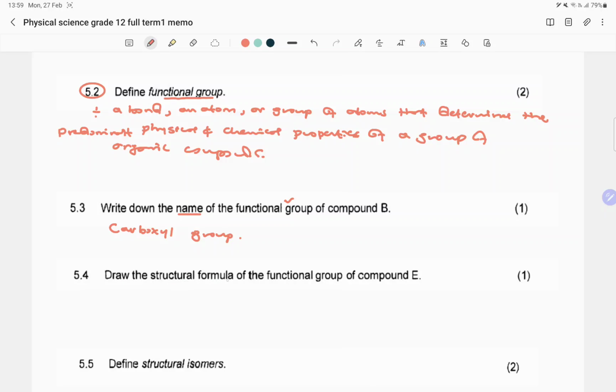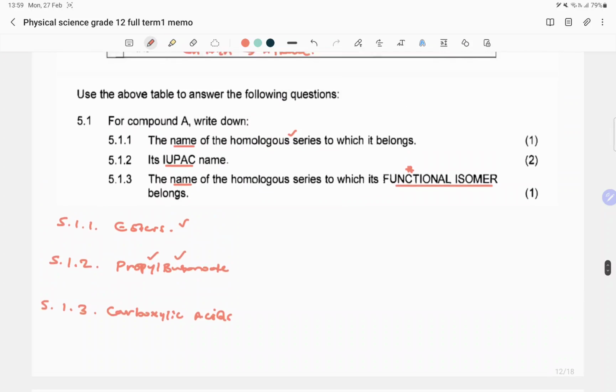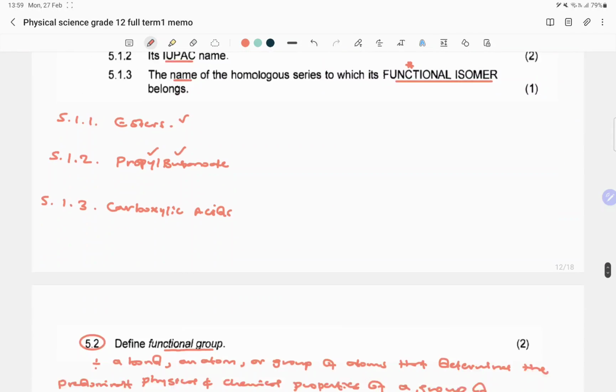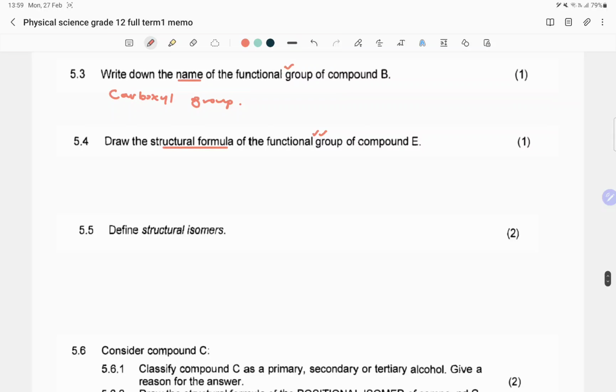Now draw the structural formula of the functional group of compound E. Compound E is an alkene. Now remember, in alkenes, you take the simplest alkene, which is ethene, right? But now you're not going to focus on ethene per se, but all you're focusing on is that with alkenes, remember, the horizontal lines represent a carbon chain. Vertical lines may talk about a substituent versus a hydrogen.